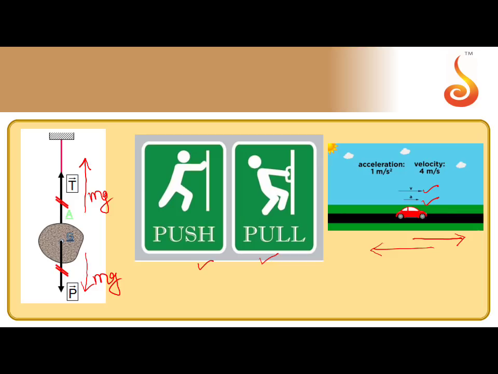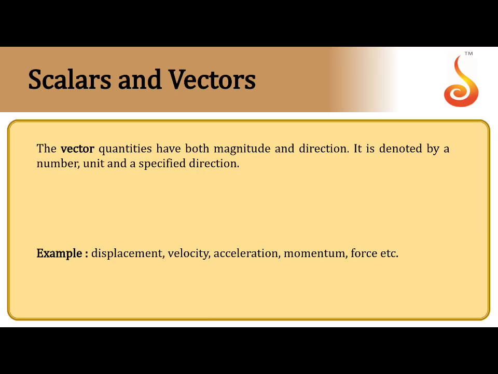So there is a need for a direction to represent these quantities along with the magnitude. These physical quantities, which have both magnitude and direction, are called vector quantities. To represent them, we need a number, a unit, and a specific direction.